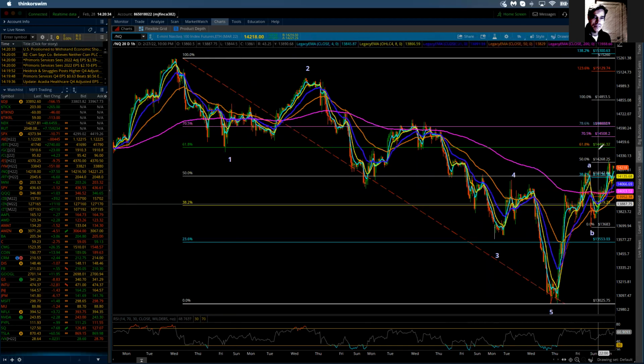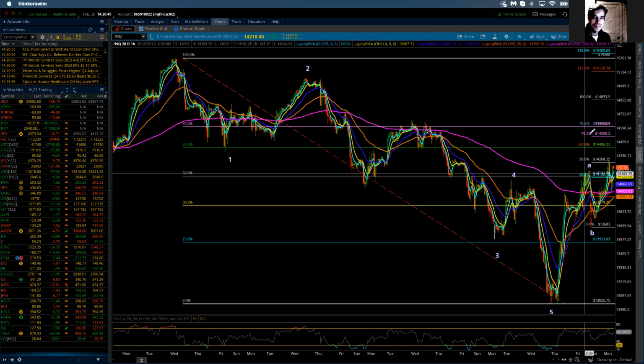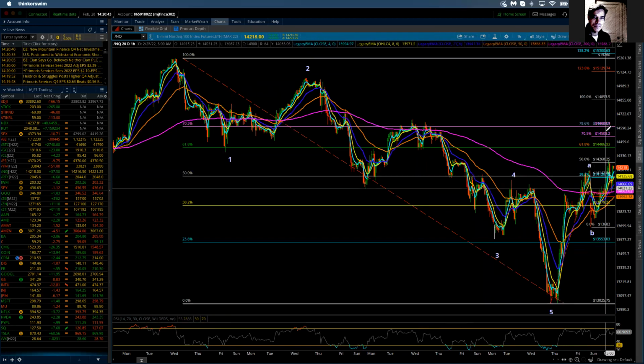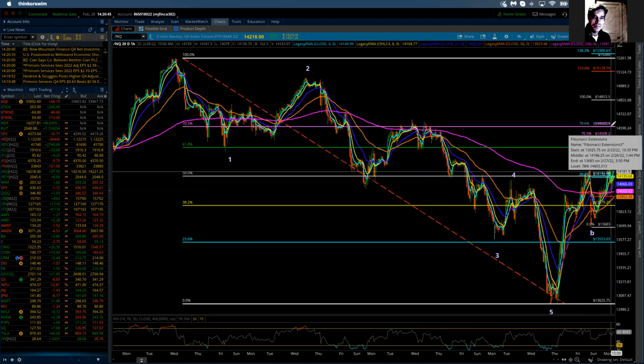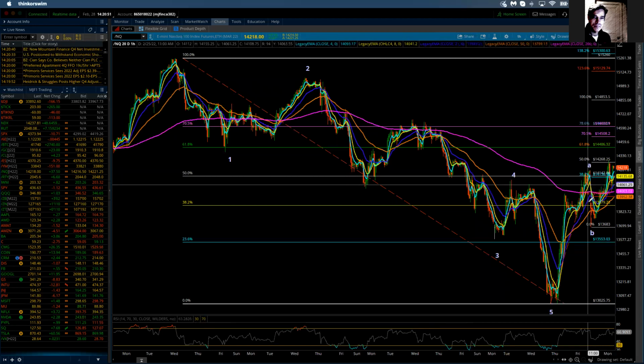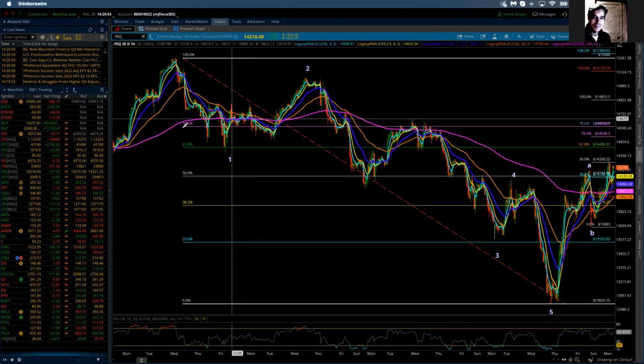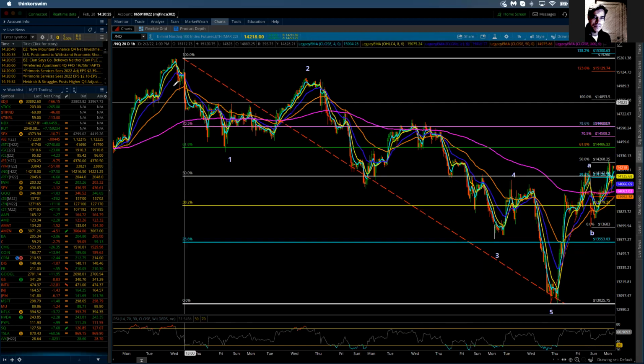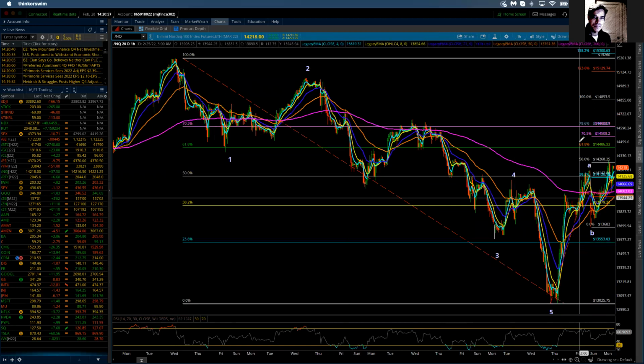If the momentum continues, we'd have additional resistance at 14,508. And then we have it here at 14,603. That is 0.786 for the C wave, 0.705 for the wave 2.